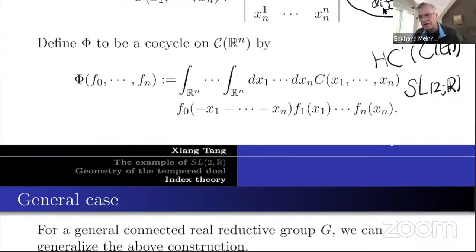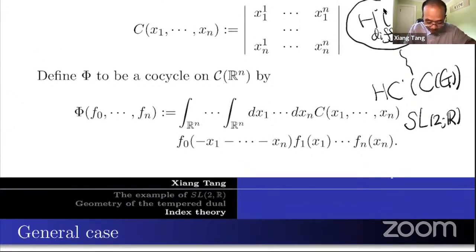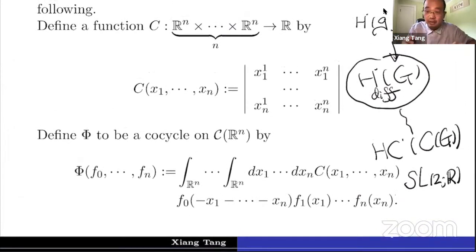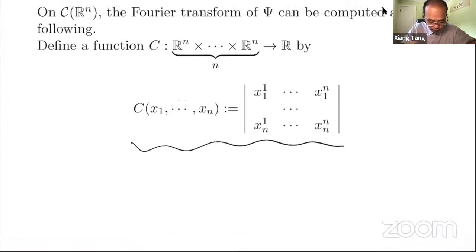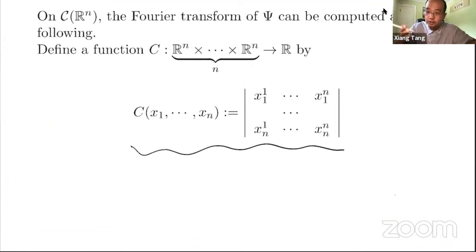So if I understand correctly, in principle, you just came up with a formula. Well, it's not coming up with a formula. The formula is from the geometry of the tempered dual. Even in the general case, we still have the geometry of the tempered dual. We have those components. There we know its homology, we know its cyclic homology, we know it's the currents.